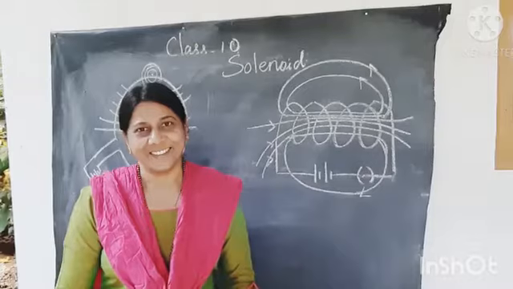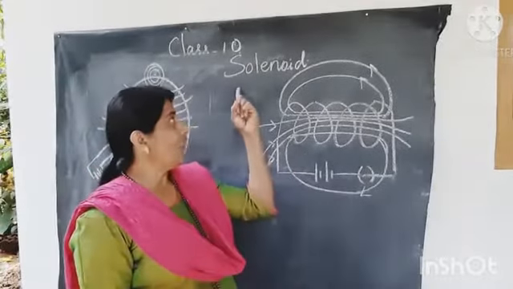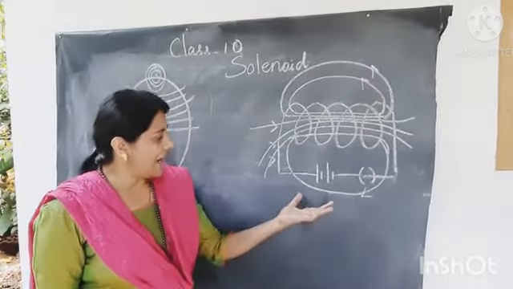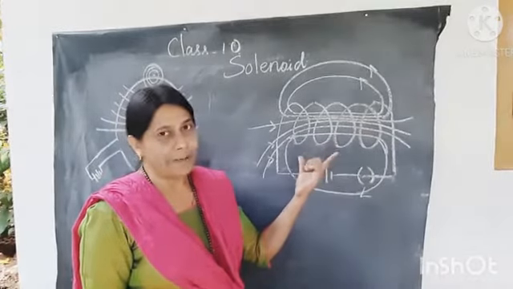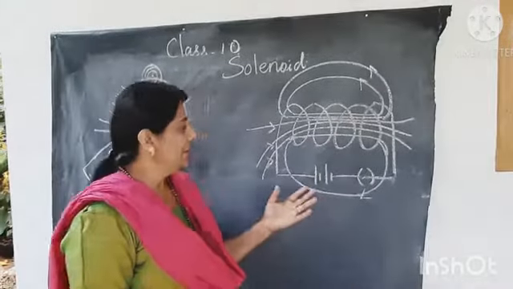The next one we are going to see is the solenoid. Now let us see what a solenoid is and how the magnetic field lines form inside it.